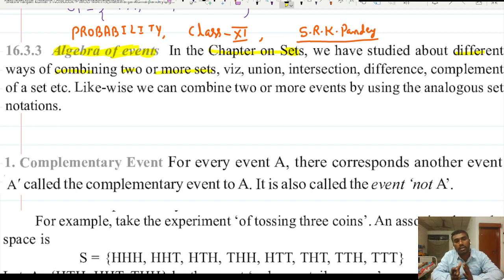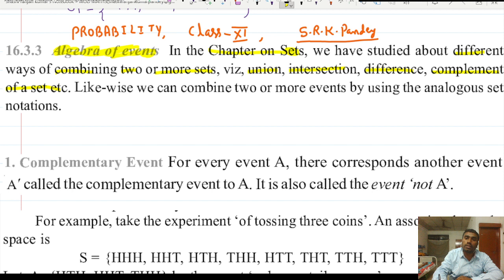Probability in class 11th and 12th is very much related to the set theory chapter, right? For example, we discussed the union, the intersection, the difference of two sets, and the complement of a set. So this we have discussed.